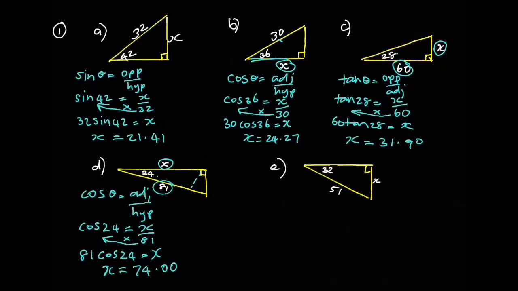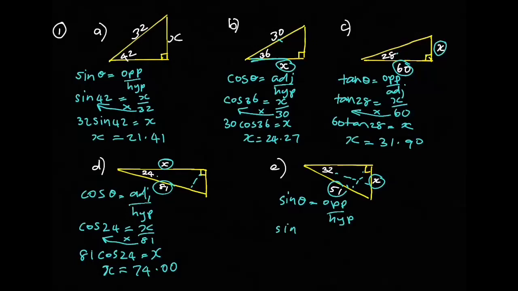to two decimal places. Okay, looking at the last one, we've got the hypotenuse, which is opposite to the right angle, and we've got opposite to the angle, which is x. So that gives us a sine problem. So sine theta equals opposite on hypotenuse.